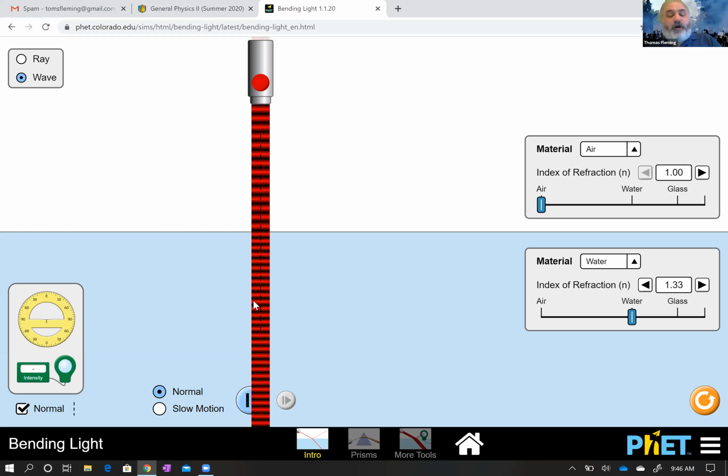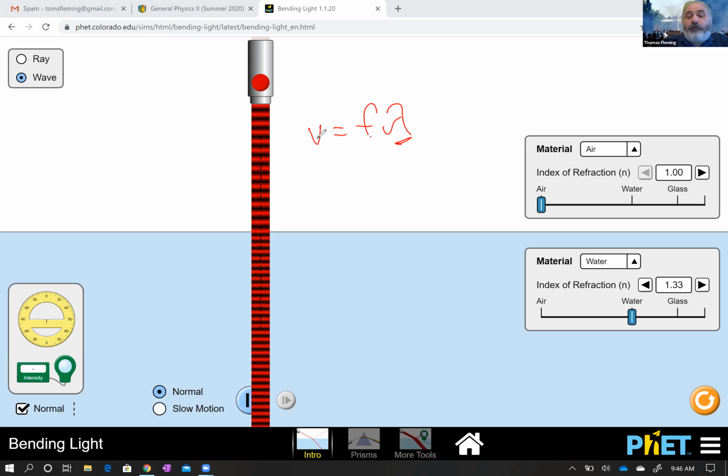You can understand that if you remember that for every wave in existence, the velocity of the wave is equal to the frequency times the wavelength, v = fλ. If v gets smaller and f stays the same, the only way the equation can stay true is for lambda to get smaller. That's what's happening when this beam strikes the interface.